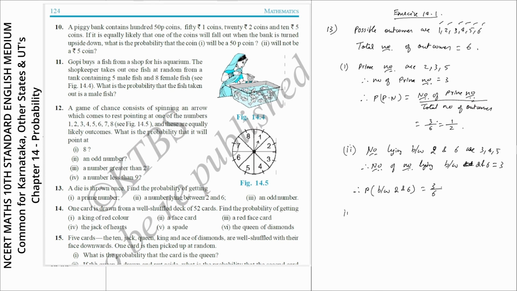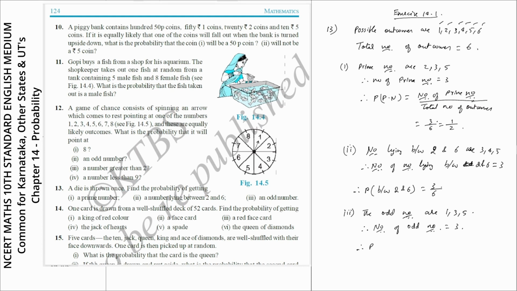Similarly, the third sub question, an odd number. In the possible outcomes, what are the odd numbers? 1 is an odd number, 3 is an odd number and 5 is an odd number. Therefore, the number of odd numbers is equal to 3.